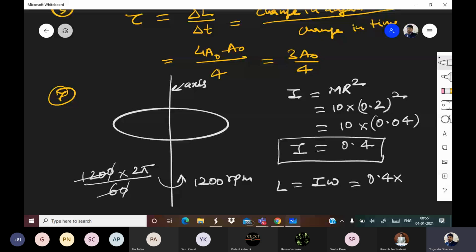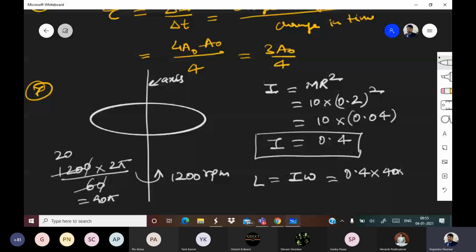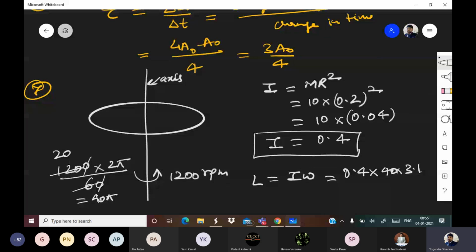So that will be 20 into 2 pi, 40 pi. So 0.4 into 40 into pi, pi means 3.14. So 0.4 into 40 is 16, into 3.14.